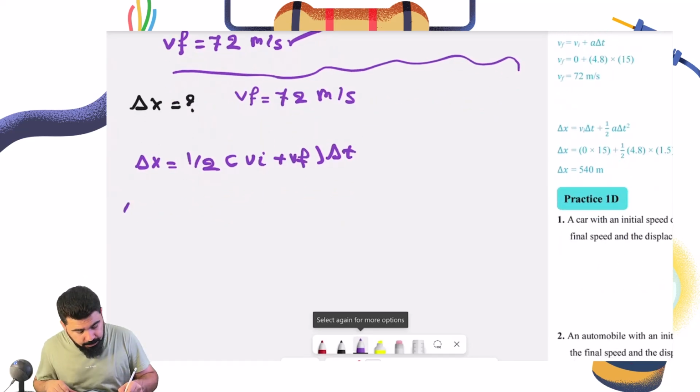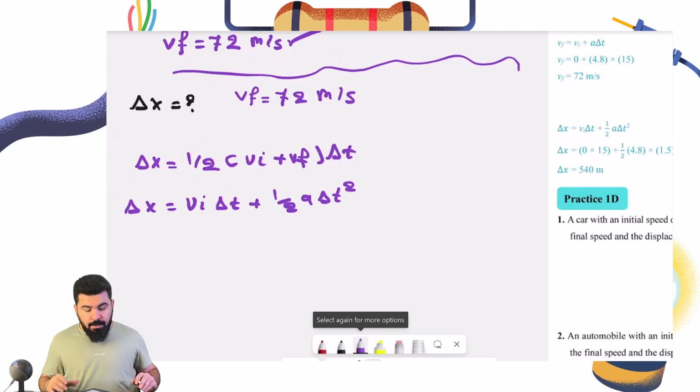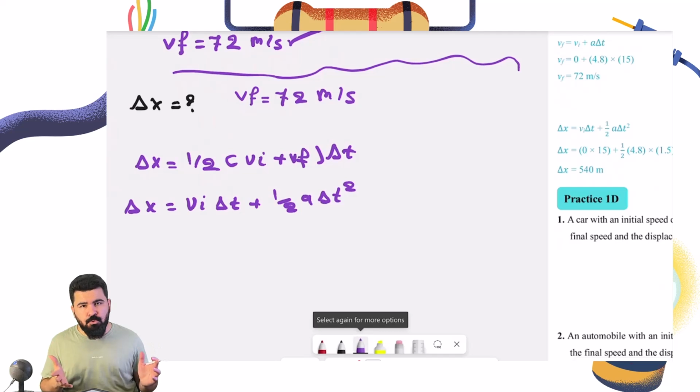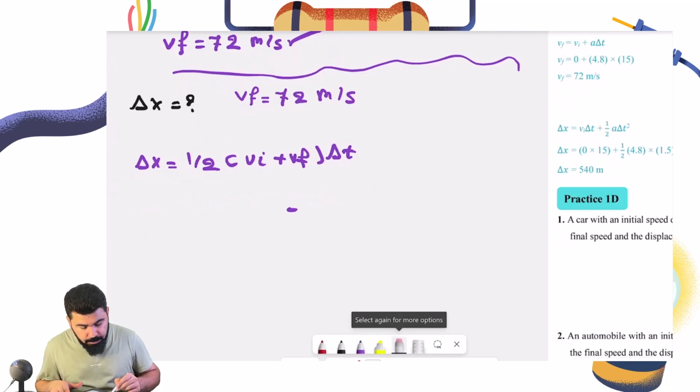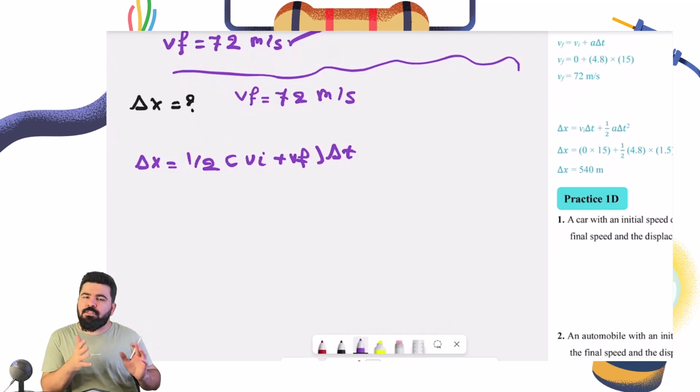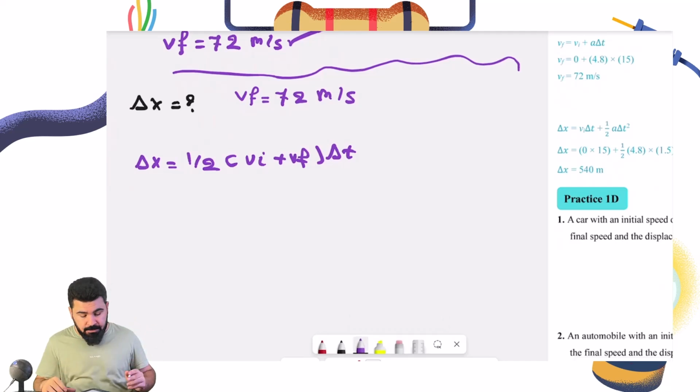Let's use the other one. So delta x is equal to V initial multiplied by delta t plus 1 over 2 A delta t squared. We have V initial, we have delta t, we have acceleration, and we have delta t too. So it doesn't matter which one you use. Choose the one that is the easiest. So I'm going to use this one. It doesn't matter if you use the other one too. You're still going to get the same result.